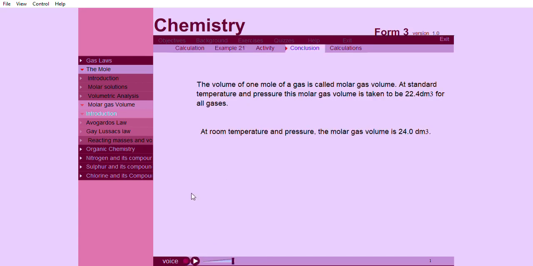The volume of 1 mole of a gas is called molar gas volume. At standard temperature and pressure, this molar gas volume is taken to be 22.4 cubic decimeters for all gases. At room temperature and pressure, the molar gas volume is 24.0 cubic decimeters.